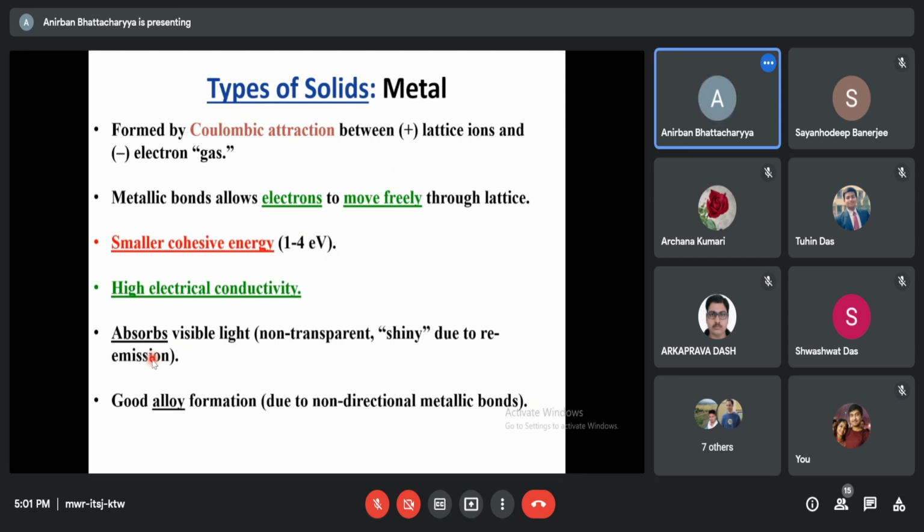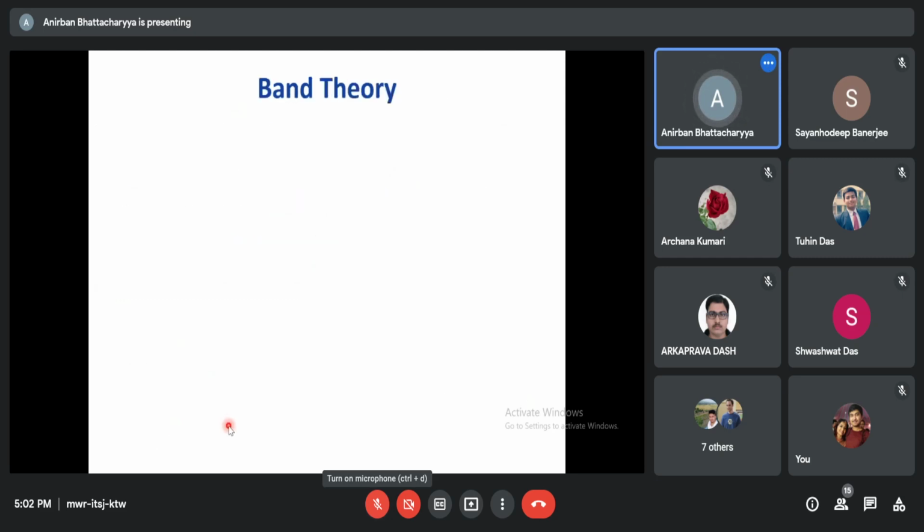Can you tell me why? Why are insulators transparent and metals opaque? Okay, we'll come to it in the next few slides. And then alloy formation is due to non-directional metallic bonds. So these are the stories.